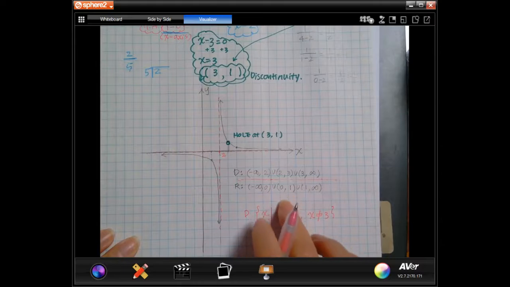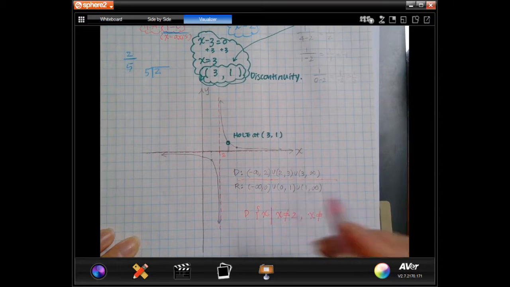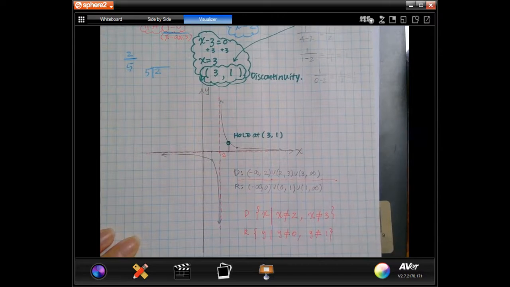Then what about this? This means every single y, all the real numbers y, but what? But 0 and 1, right? So it's essentially saying y, y except 0, y except 1.